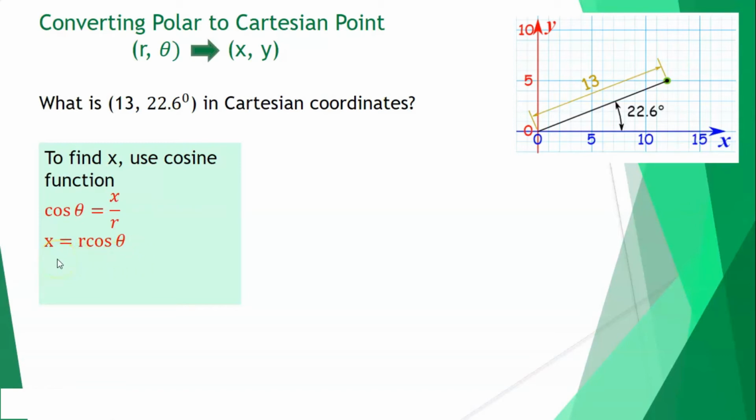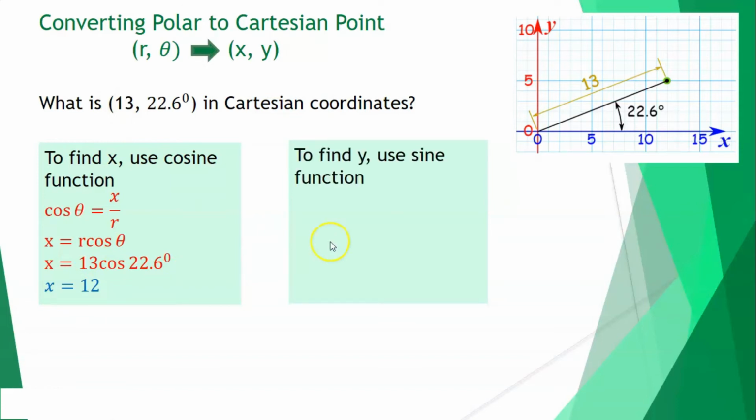So let's find x and let's substitute. Our r here is 13. The value for our theta is 22.6 degrees. Making use of your calculators, the value for x is 12. Now, to find y, we have to make use of the sine function. Take note, sine is opposite over hypotenuse.